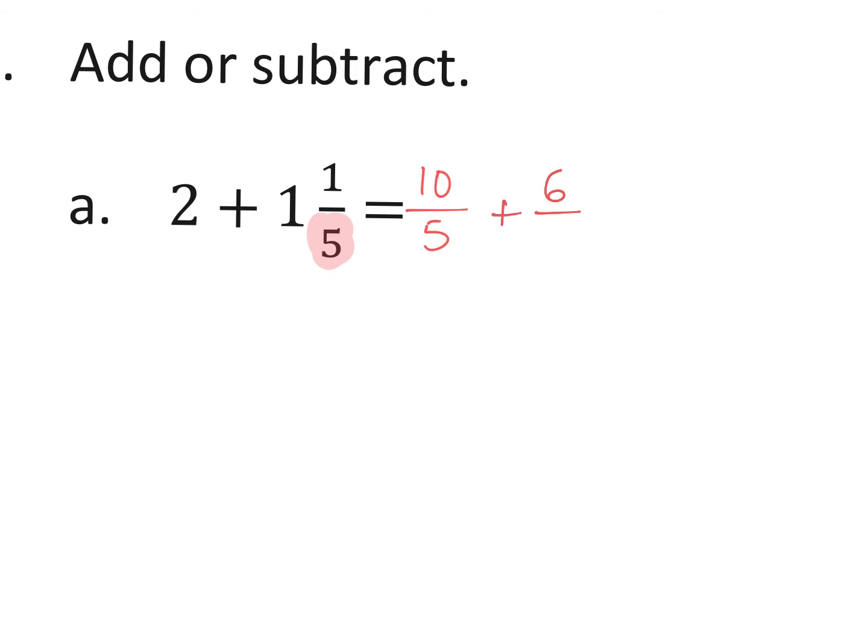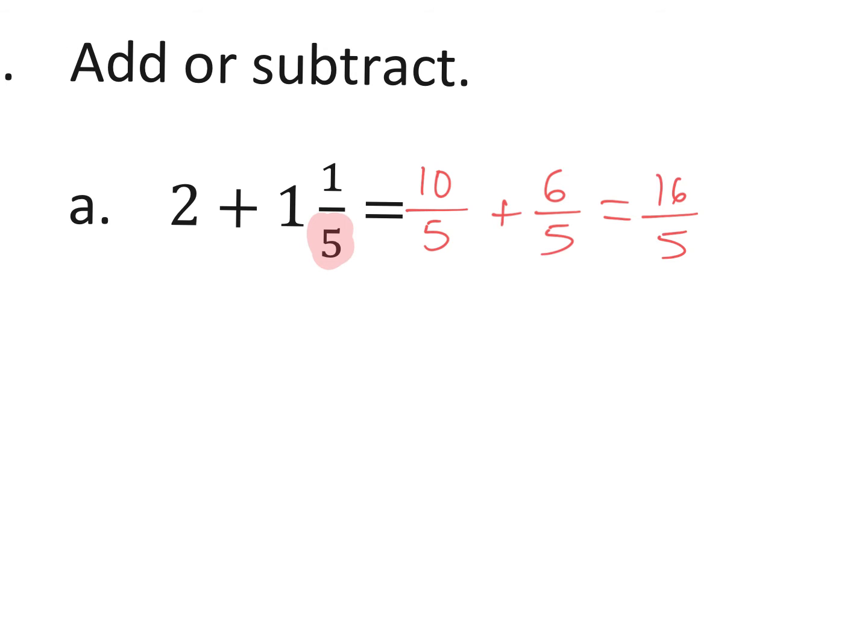So here we have 6 fifths. We have 10 fifths plus 6 fifths. Now you see they both are fifths at the bottom, so now we can go ahead and solve this. 10 plus 6 equals 16 fifths.